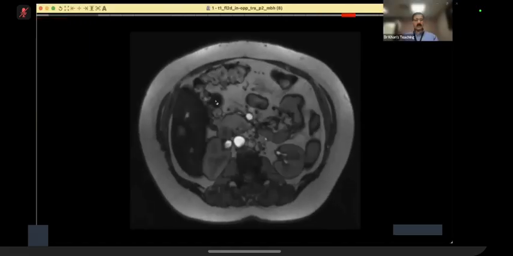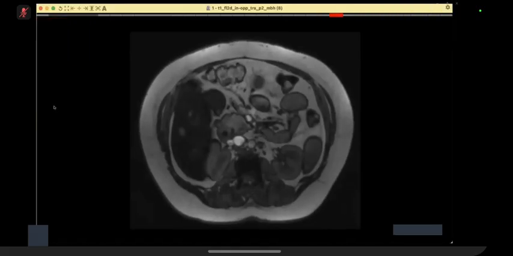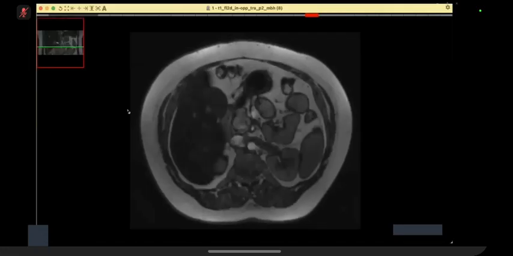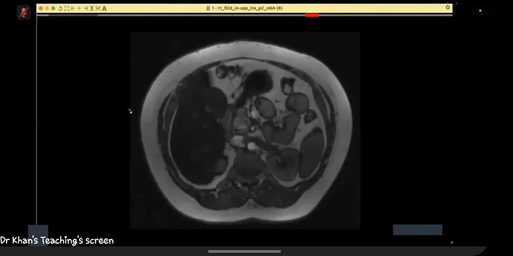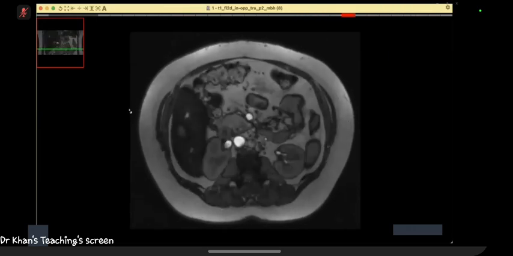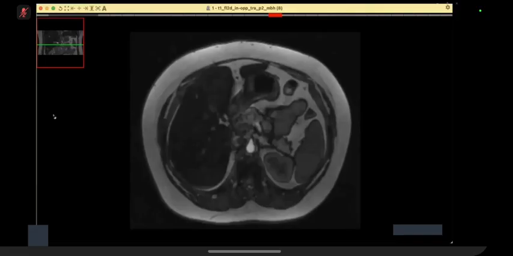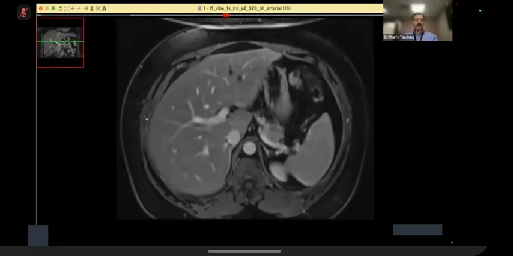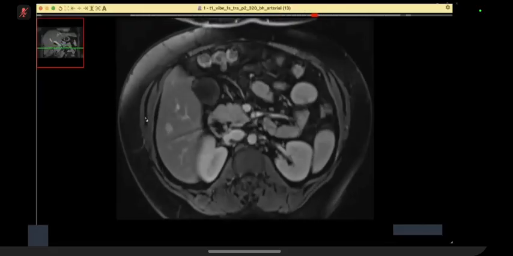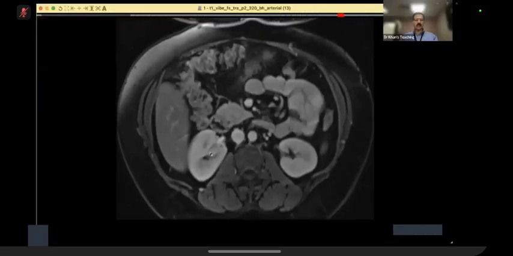Right. So this is out of phase. What is the appearance on out of phase? On the out of phase there is a drop of signal on the liver itself, which means there's some fatty liver or steatosis. And for the lesion itself, we have another phase here. This is the arterial. Now look at the cortex and medulla.